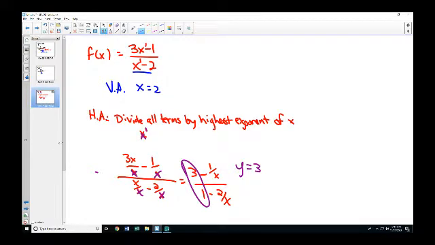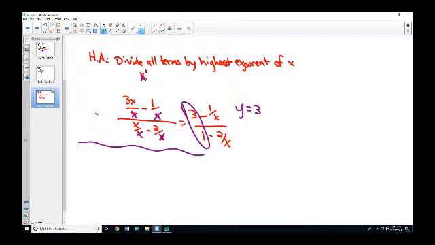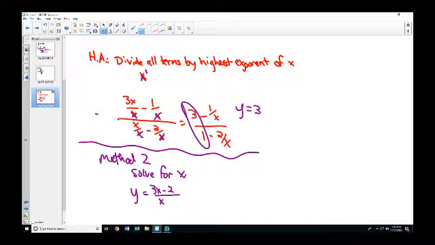Do you want to know the other one? Yes. Okay. Solve for x.